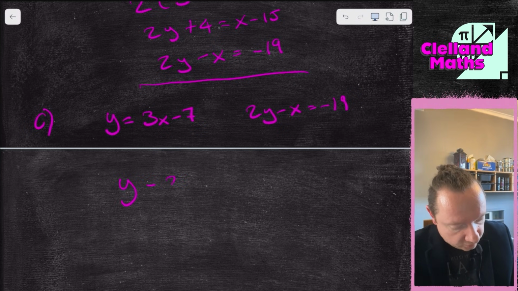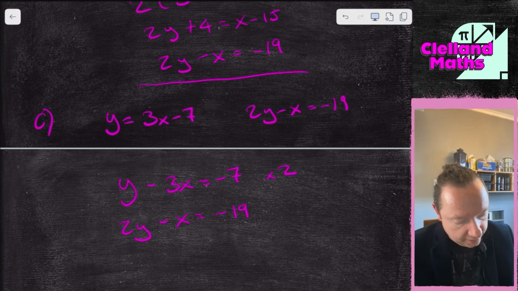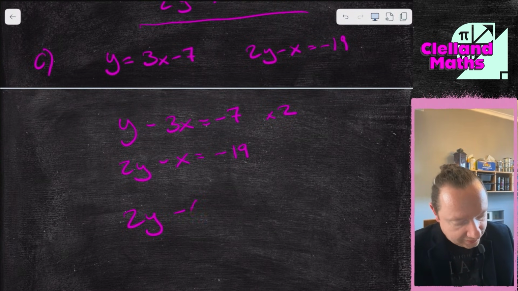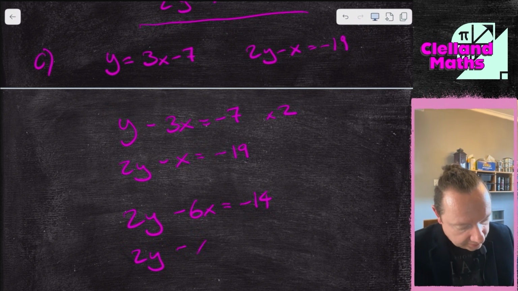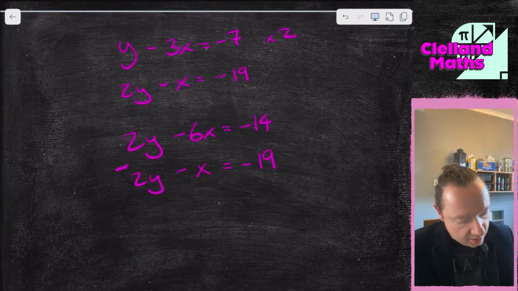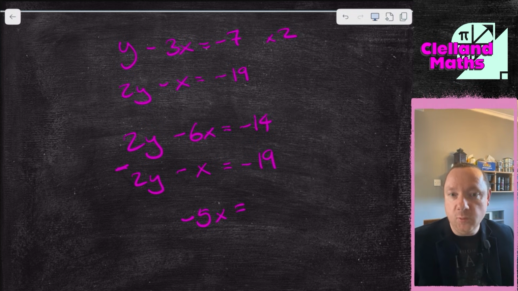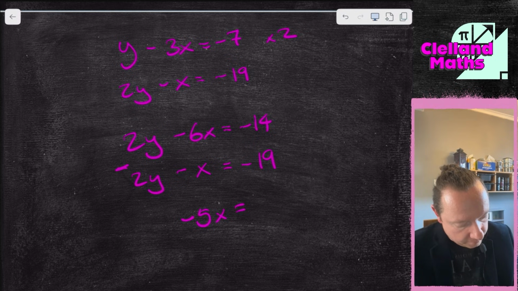So I've got y minus 3x equals minus 7 for the first one, and 2y minus x equals minus 19. So I can just times the top one by 2 to get 2y minus 6x equals minus 14, and 2y minus x equals minus 19, and then just take away because the signs on the y are the same. Minus 6x minus minus x is minus 5x, and minus 14 minus minus 19 becomes minus 14 add 19, which is 5.